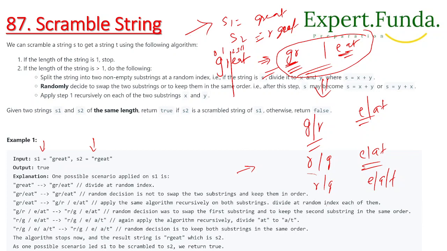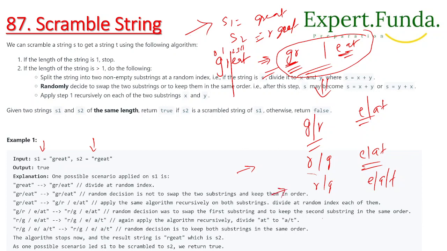Now if you see, the decision is to keep both strings in the same order, so we can stop the algorithm here.